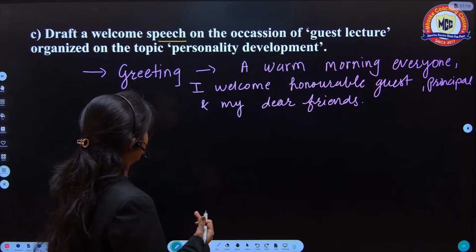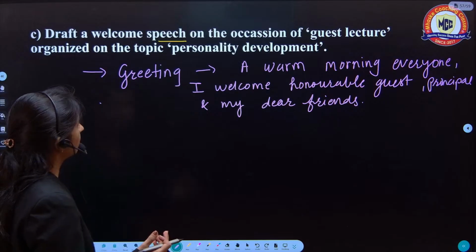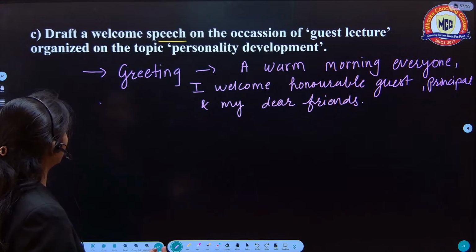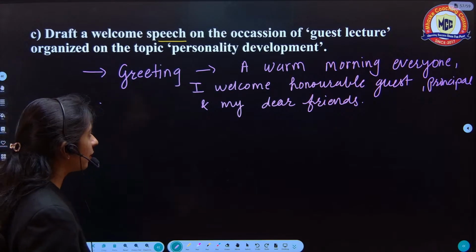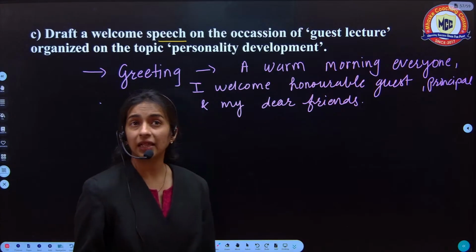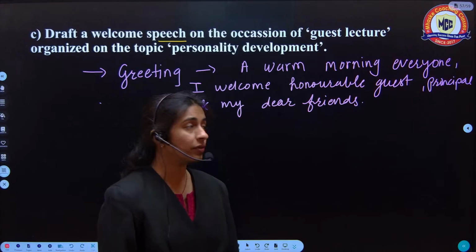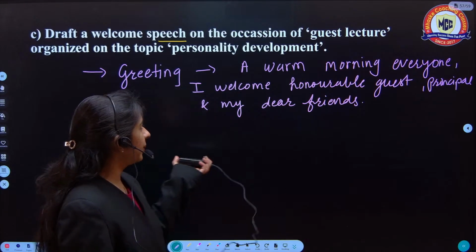Now, after the greetings, you will start with what the occasion is. It's the occasion of a guest lecture organized on the topic personality development. So there are guest lecturers who are going to start off with a personality development lecture, and you are going to welcome them first. We have already said honorable guest.